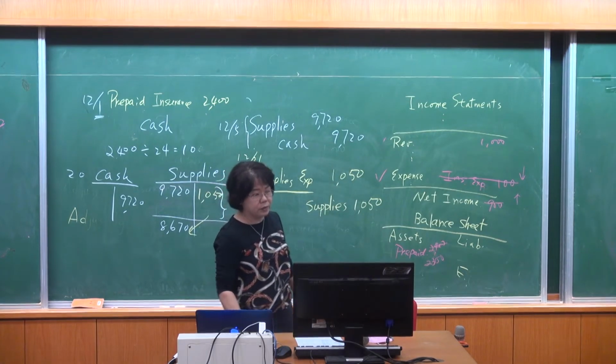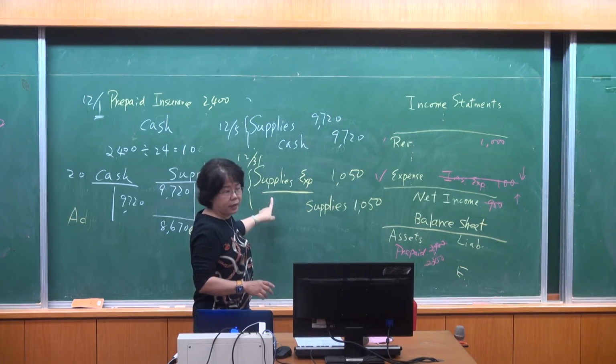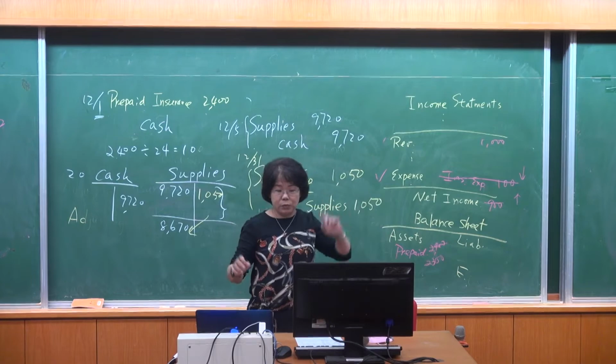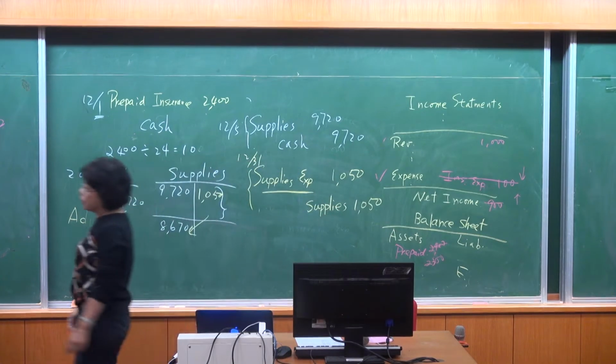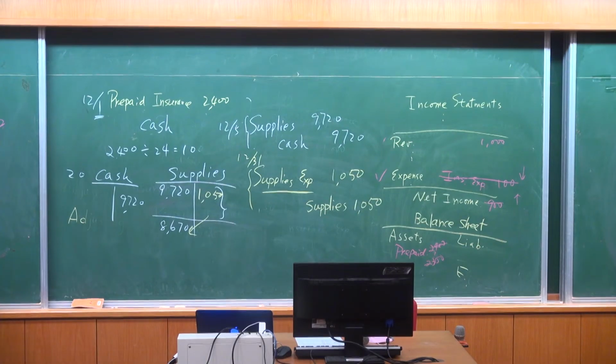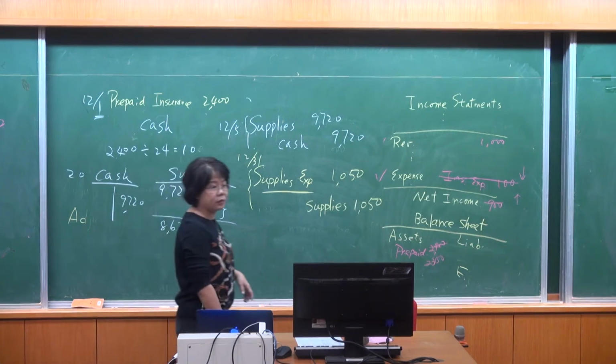For the book, the similar thing again. You have the entry here, and once you post, this is something very important. Whatever is left over here is still in your stock, still in your storage room, unused. The amount not yet used is $8,670.